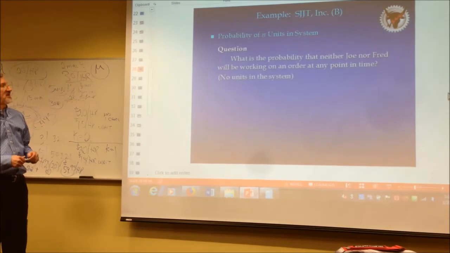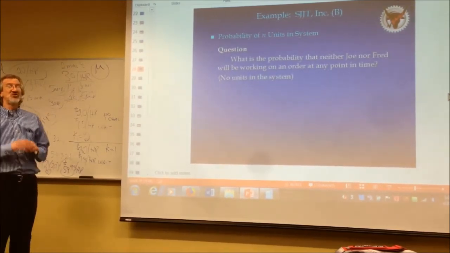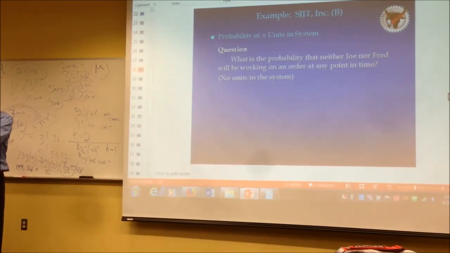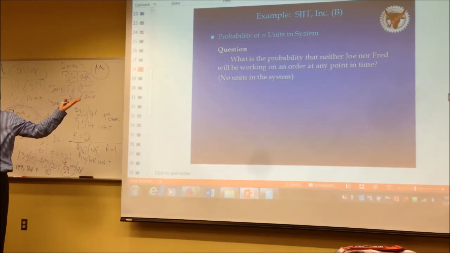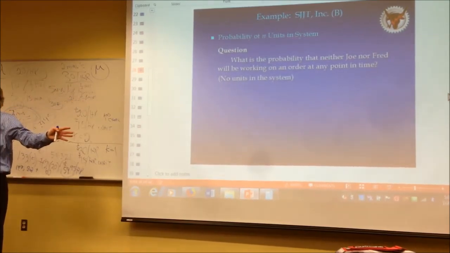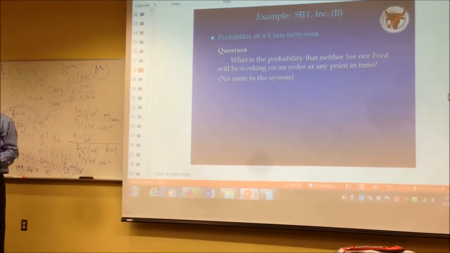So what's the probability that neither Joe nor Fred will be working on an order at a point, which is no units in the system? We're using the multi-channel. We go to the chart. That's that very first probability: the probability that there are no orders in the system, and Joe and Fred could play catch. Bring out the gloves. Let's play some catch until the call comes in.